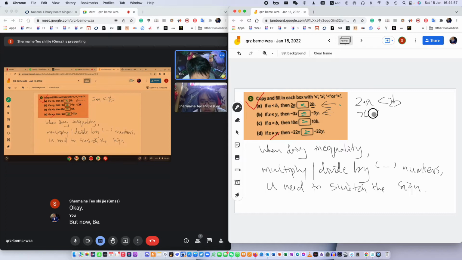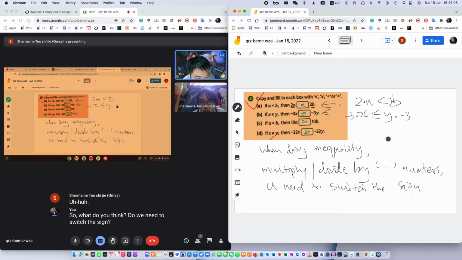But now, B. You have x smaller or equal to y. Now you times negative 3, right? So what do you think? Do you need to switch the sign? Yes. Why? Because it's a negative. Negative 3x? Multiply or divide?